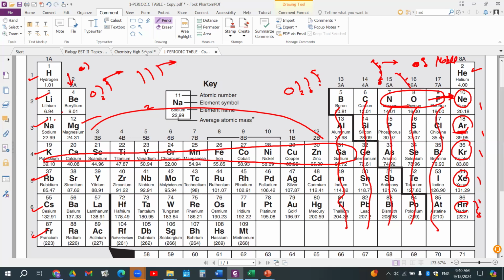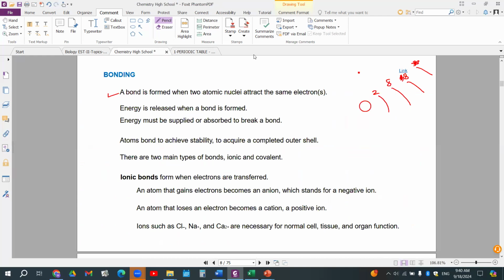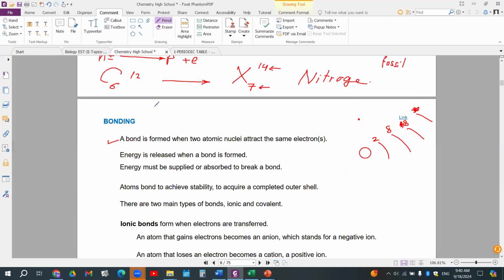This comes to the question, why do atoms react? This is a crucial question in chemistry.